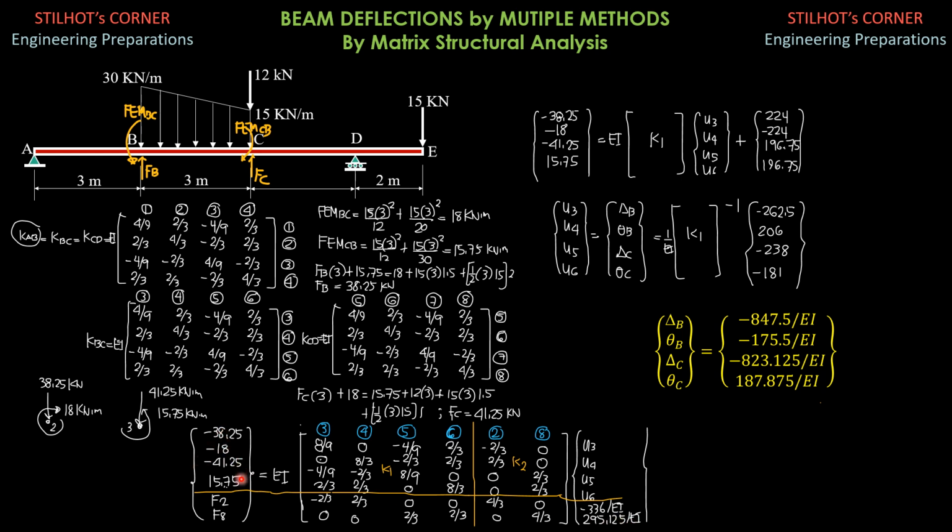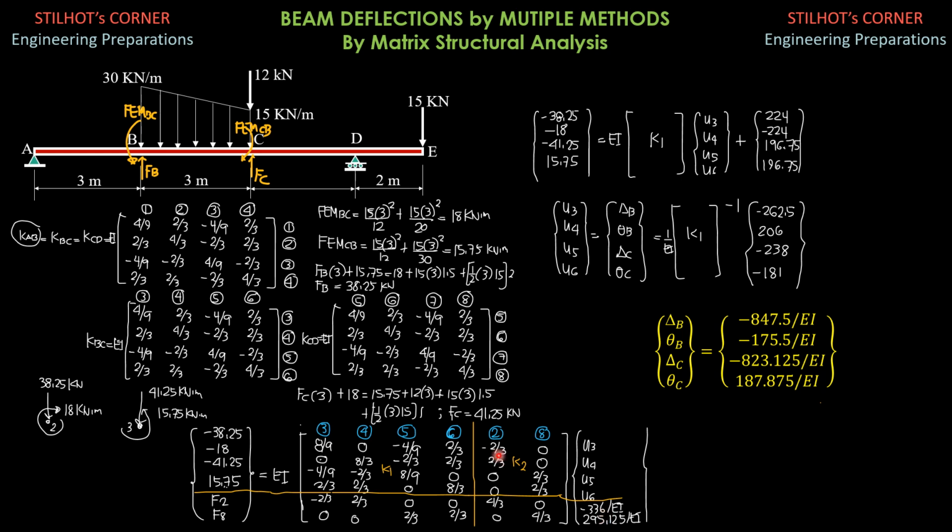This force matrix here equals EI times this 4x4 part of the stiffness matrix, times this unknown displacement matrix. I'll call this K1 and this one K2, this 4x2 matrix, times this 2x1 matrix. So 4x2 times 2x1 would be 4x1.